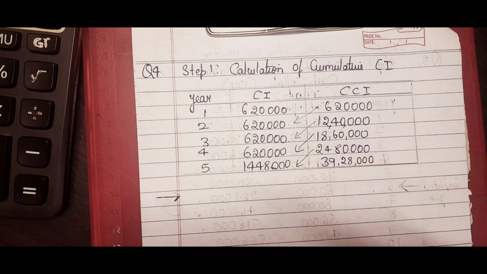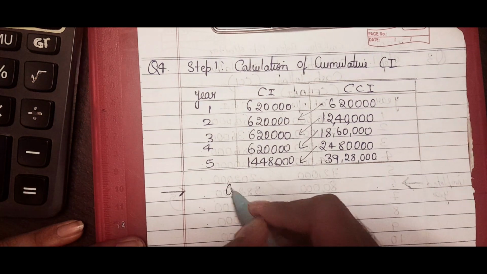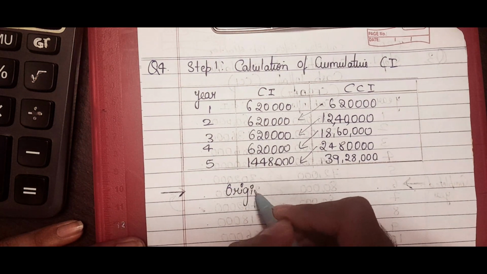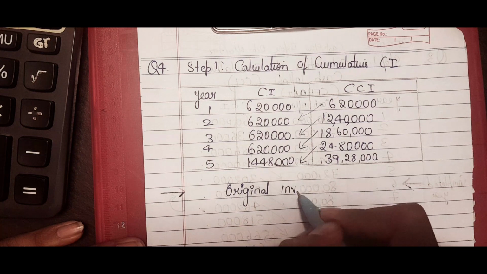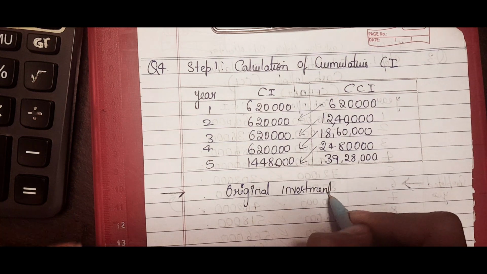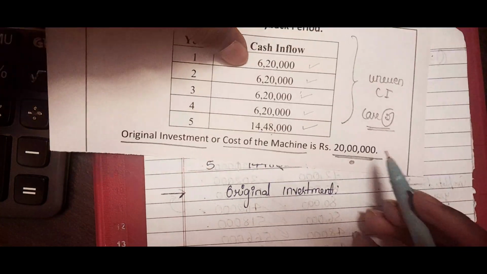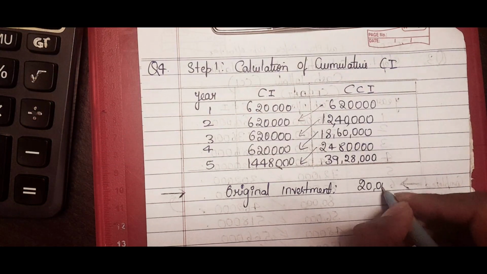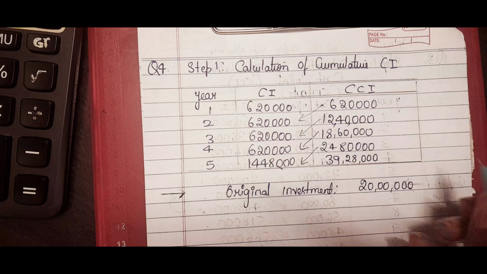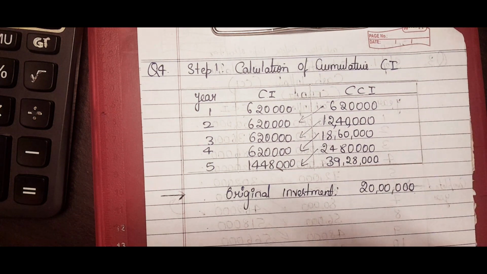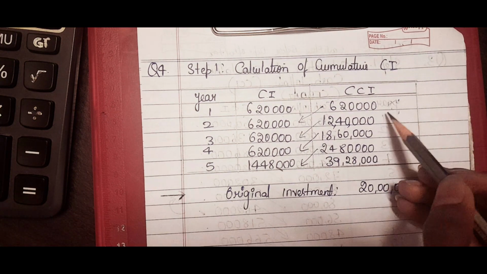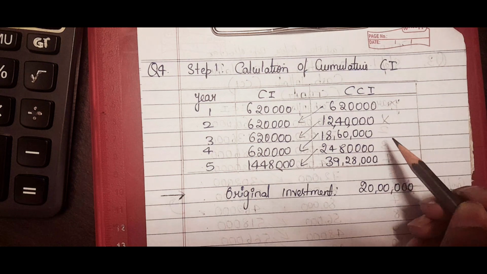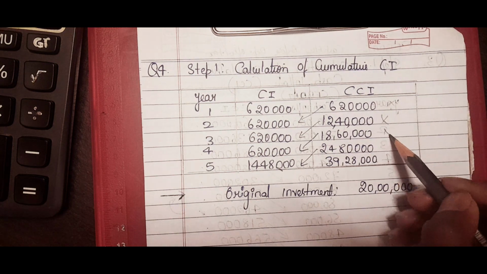Now let us first write what is our original investment. In the question they have given us the original investment. So the original investment is 20 lakh rupees. Now let us check this. So first year, are we recovering? No, only 6,20,000. Second year only 12,40,000. Third year 18,60,000.